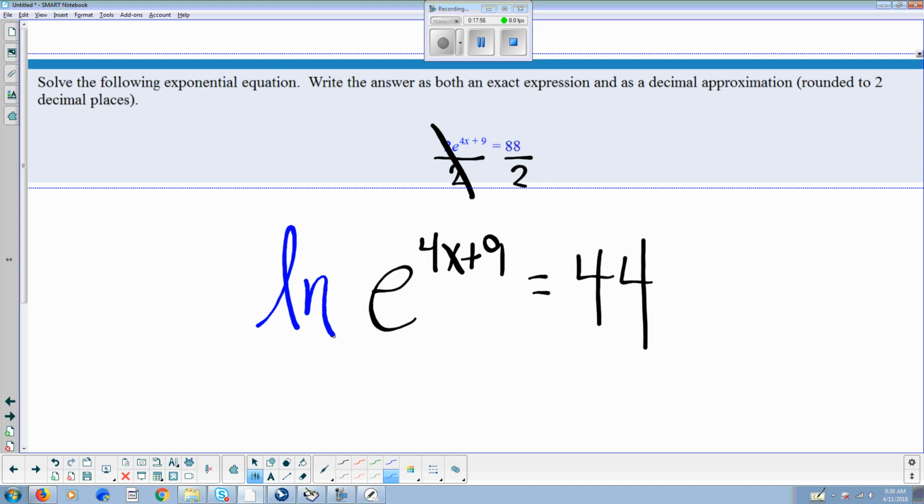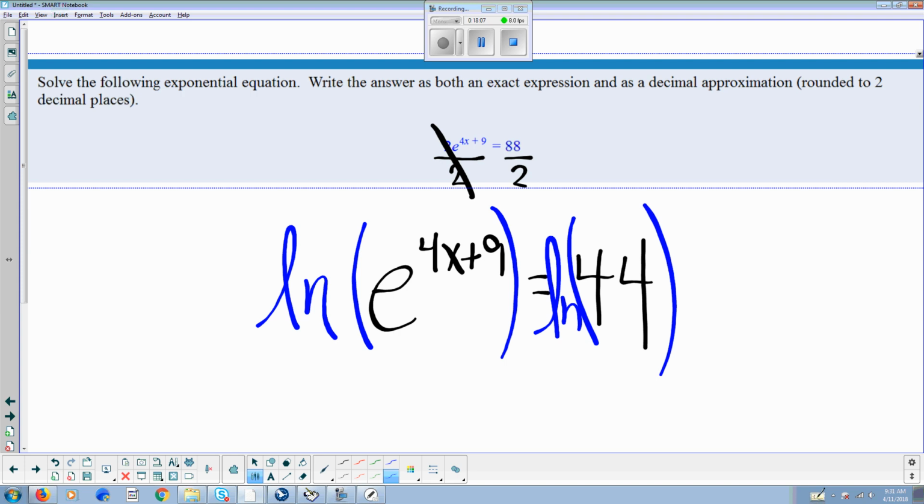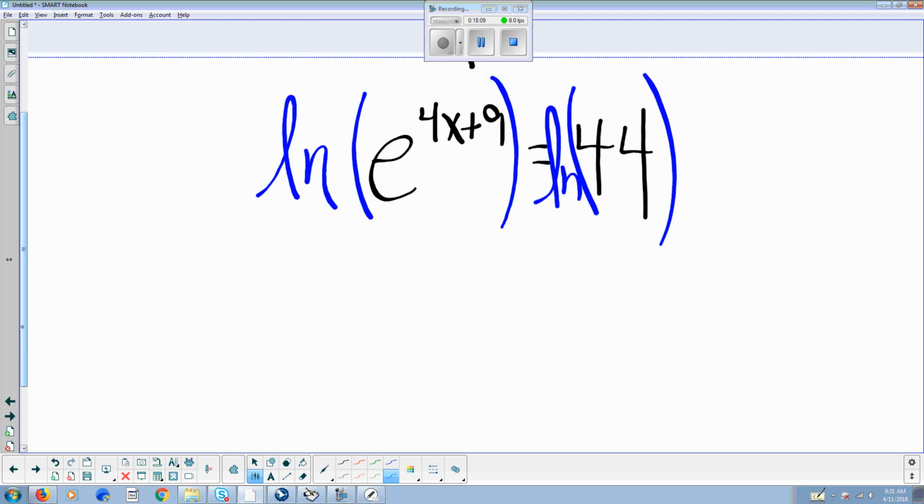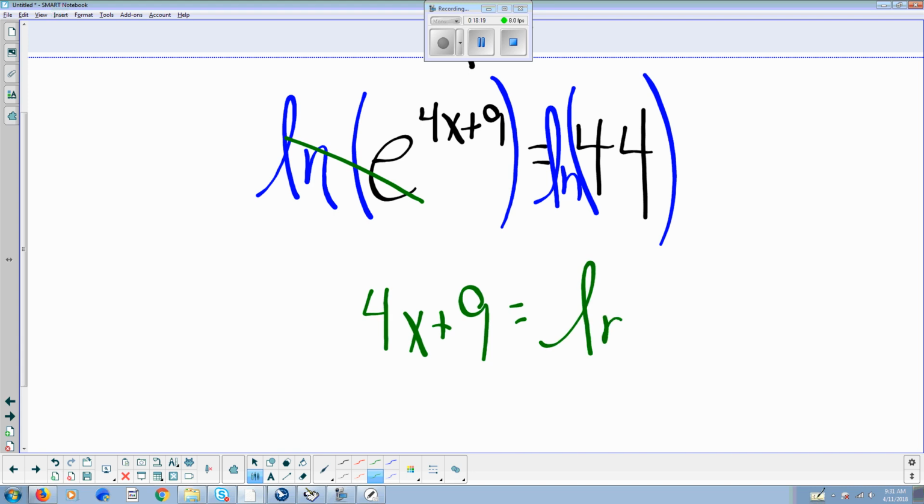I'm taking ln instead of log because ln of e will cancel. So take the ln of both sides. As long as you do on one side what you do on the other, you're in good shape. So ln of e cancels. I'm left with 4x plus 9 equals the ln of 44.